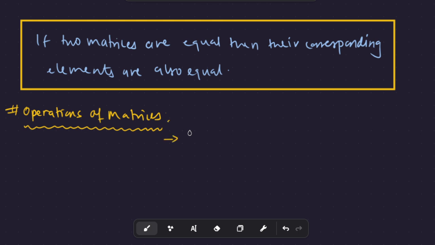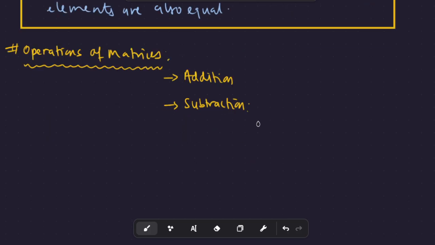The first operation is addition, and the second is subtraction. Okay, let's discuss this. Operations of matrices. The first operation is addition. Addition of matrices.